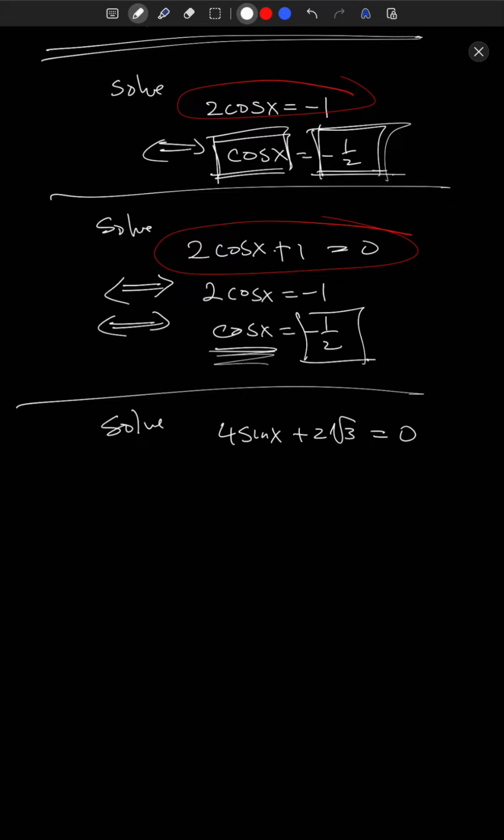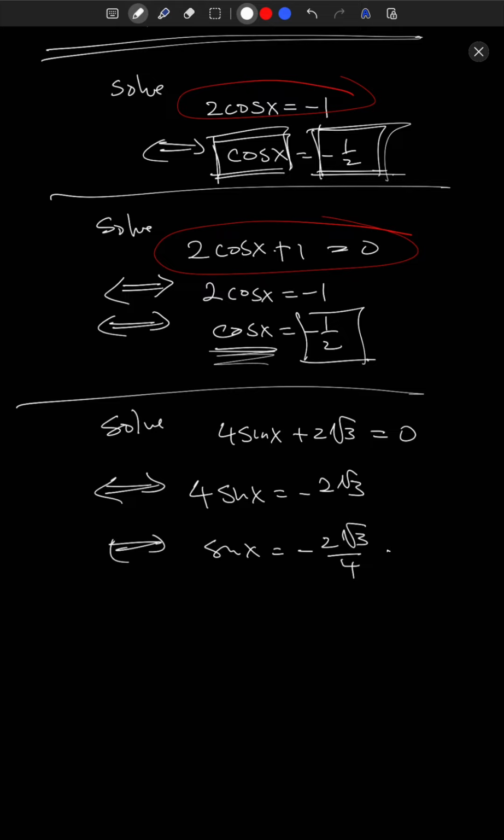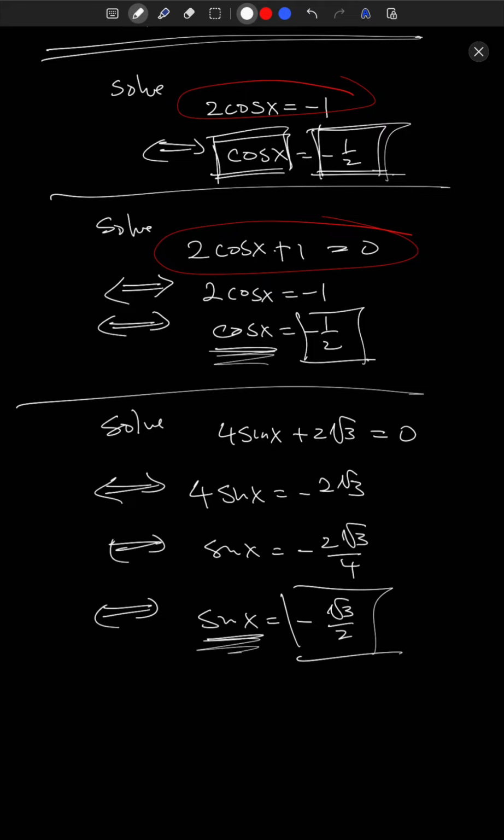But if we write it in terms of a problem we know how to do, this is 4 sine x equals -2 root 3, which is sine x equals -2 root 3 over 4, which is, let me write it on another line, sine of x equals minus root 3 over 2. And again, this is exactly what we've just learned: sine of x equals a number. So we just used a procedure that we just learned.